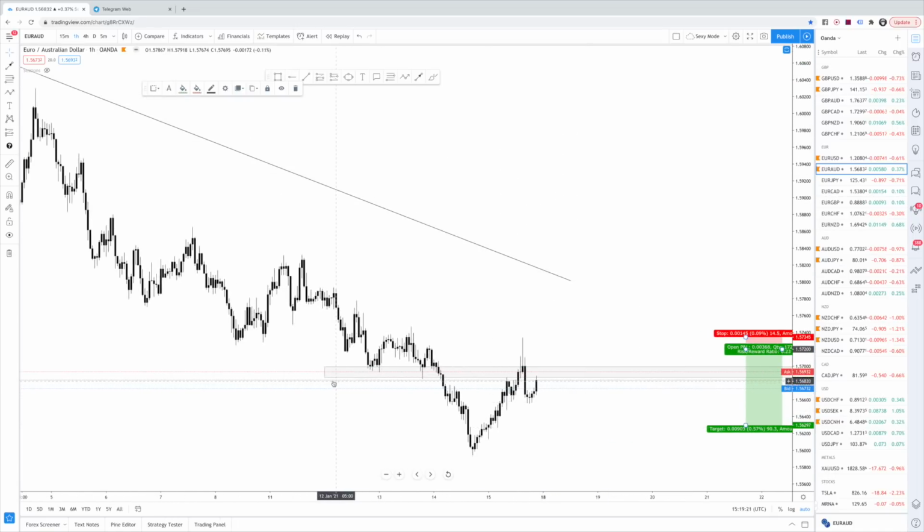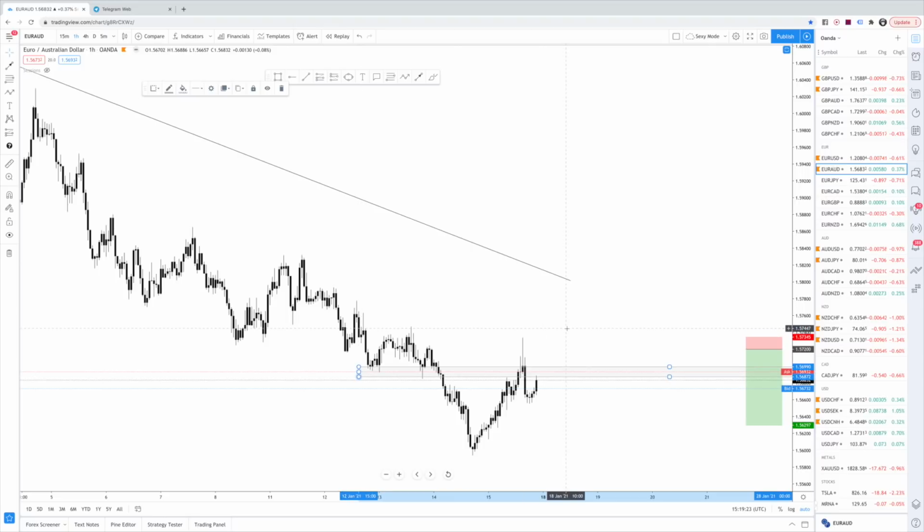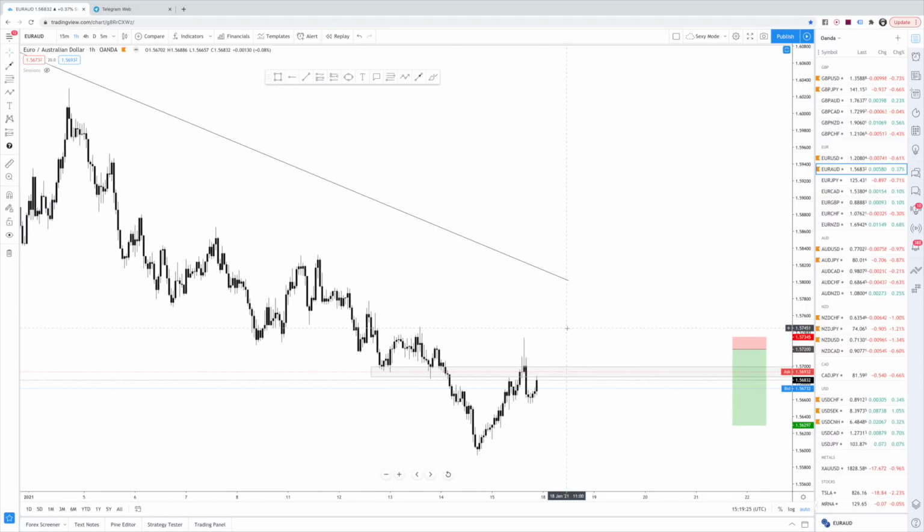Typically this is something that I cover in the new course update when we're talking about springs and a little bit of supply demand wick-off ideology, but it's essentially just where price doesn't have the momentum to kick off downwards from a zone or upwards from a zone. So it spikes way into the zone to try to grab stop orders and limit orders and fill people's orders to create liquidity in the market and come down.